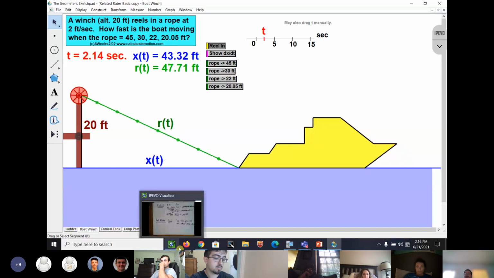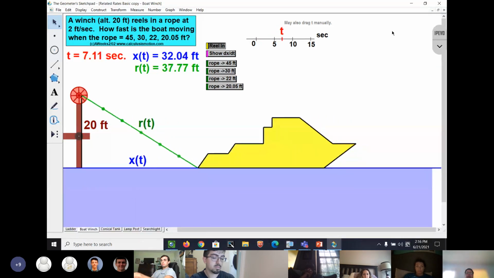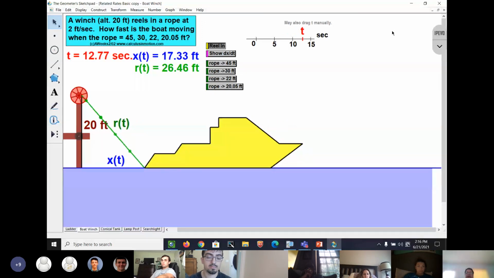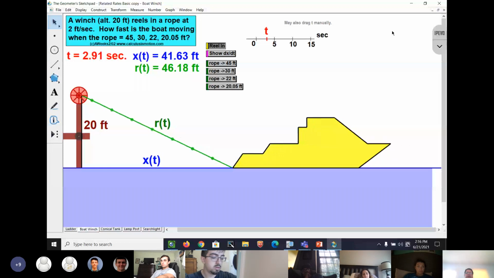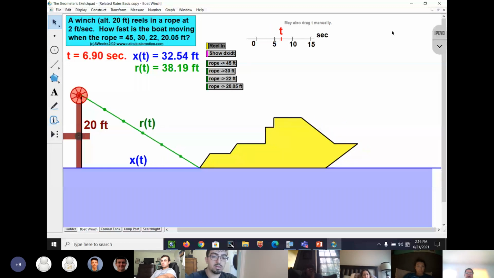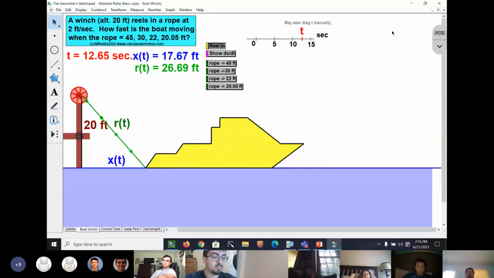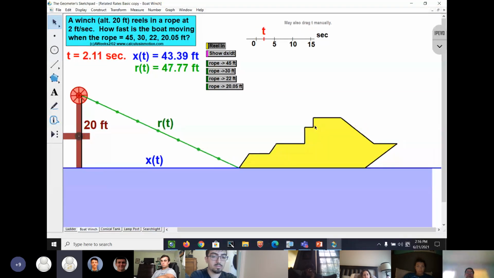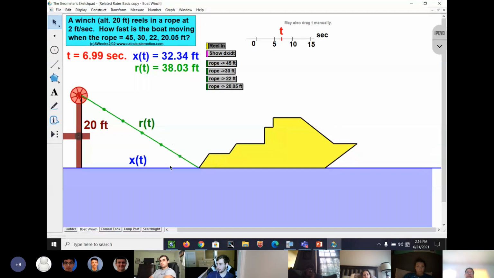Somebody tell me what's changing. Be careful here. I'll give you this much. As X decreases, what increases? Anybody? The distance traveled by the boat. Well, look right here. The angle.